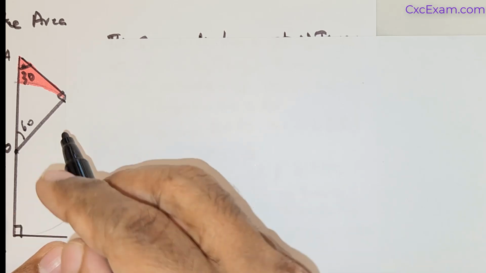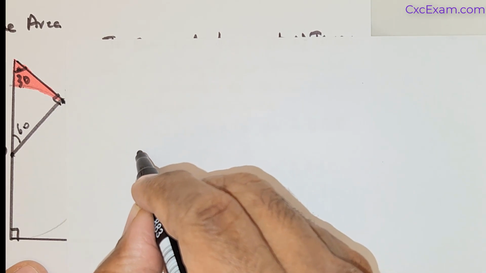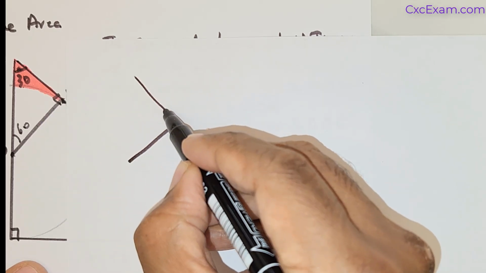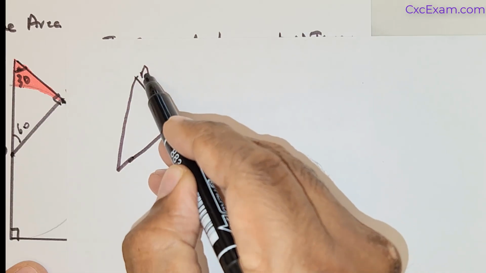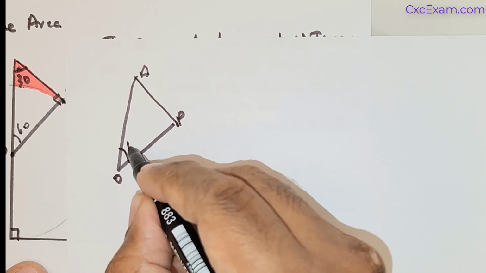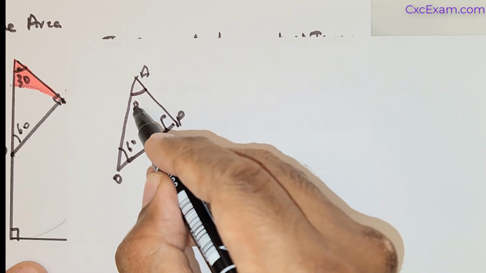Now I wish to evaluate this portion alone. So this is the triangle we have. This is A, this is P, and this is O. This is 60 degrees, this is 90, and we have this 30 degrees.